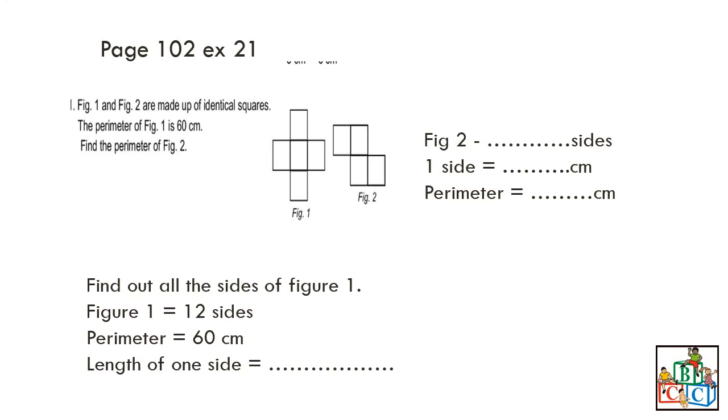As they are made up of identical squares, so they are all the same sides. Now if you have the number of sides, if you have the centimeter, the one side, so you already can calculate the perimeter. Okay, so you are going to do this.